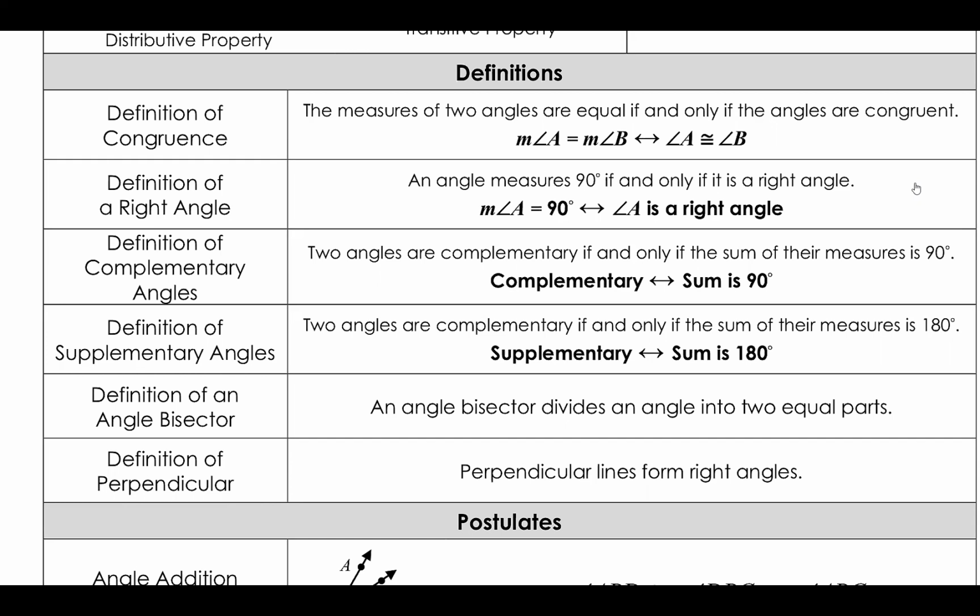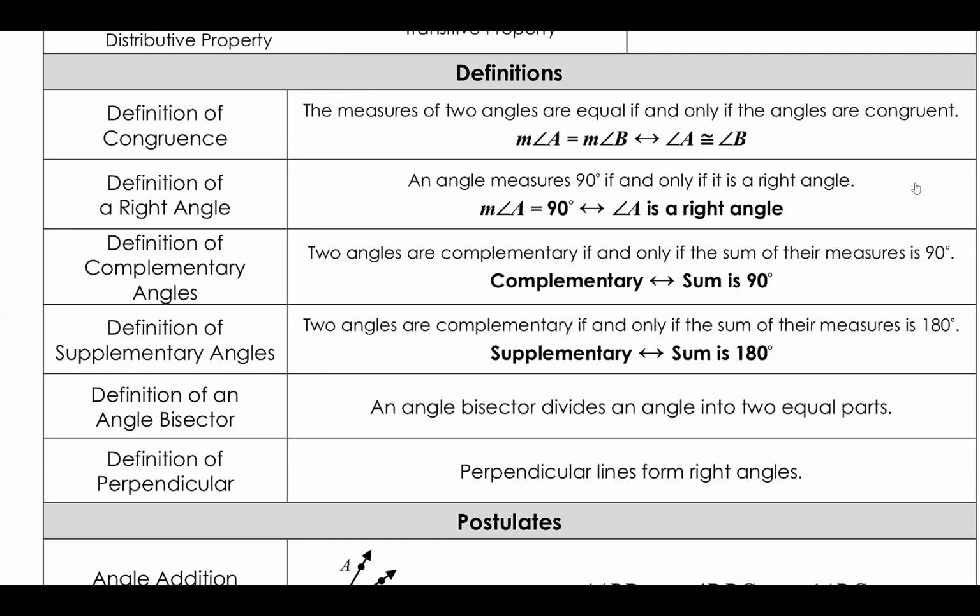Definition of complementary angles. Two angles are complementary if and only if their measurement is 90 degrees. What's if and only if again? Biconditional. Do we notice a pattern with our definitions? Our definitions are all biconditional, which means they can work either direction we need them to.